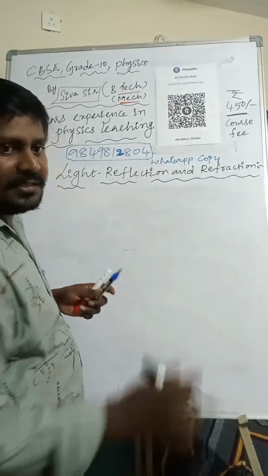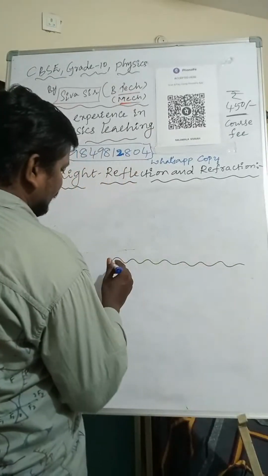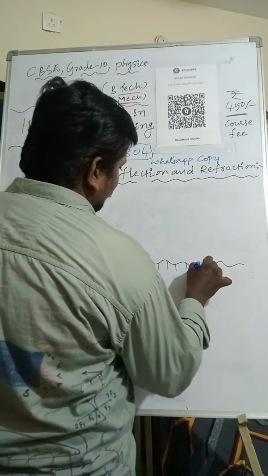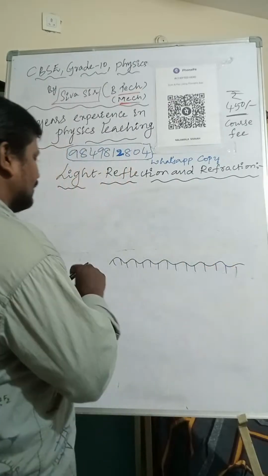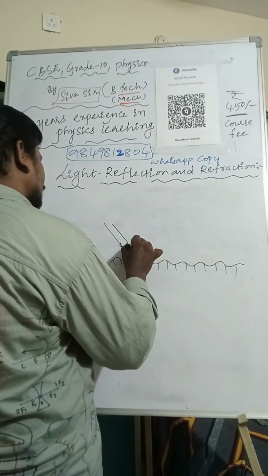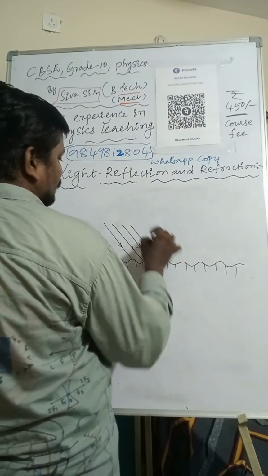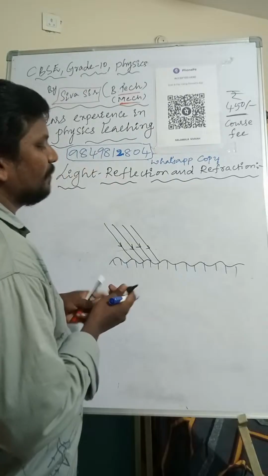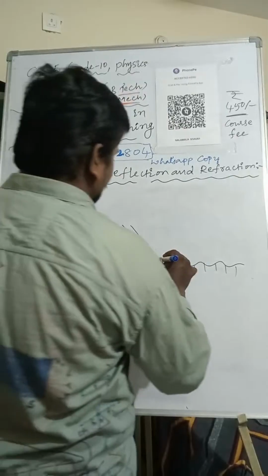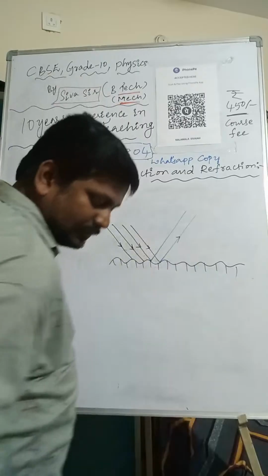I am considering irregular reflection like this. Here the incident beam is parallel, but the reflected light rays are not parallel to each other. Not parallel.